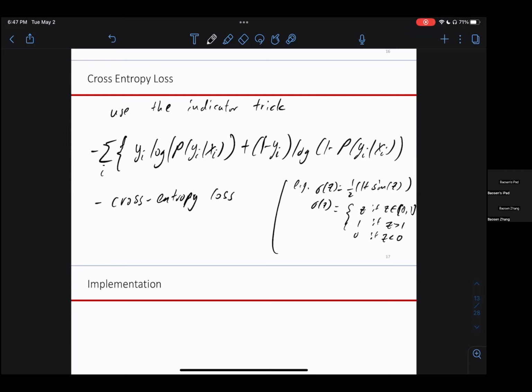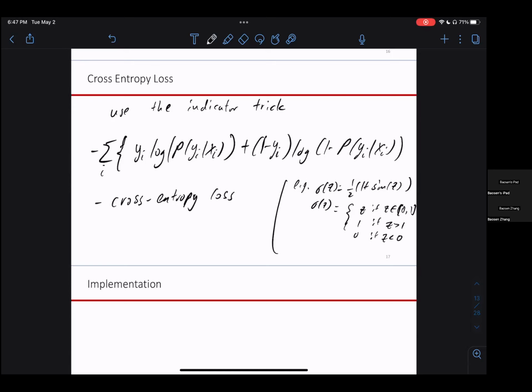You basically threshold the number. Anything larger than 1, you say it's 1. Anything smaller than 0, you say it's 0. By the reason I gave, those two work equally as well as the logistic function. It takes a number and spits out something between 0 and 1.